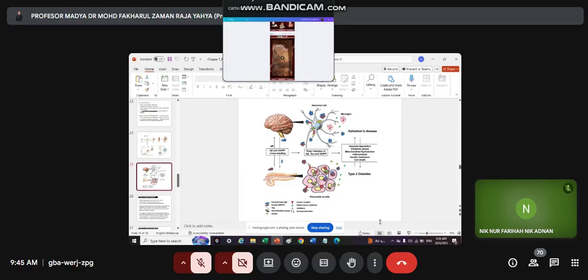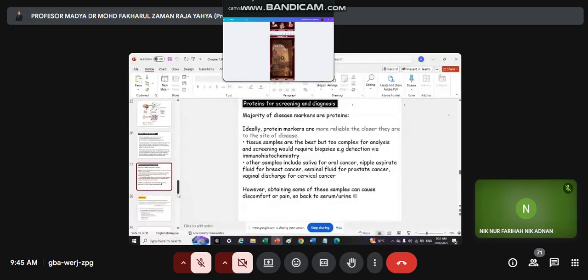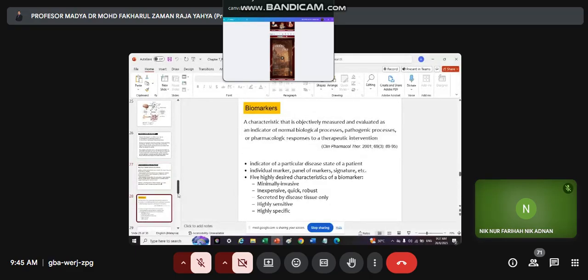Okay, we finish discussion on different diseases due to the problems like mutation and also abnormal protein structure. Okay, now we move to biomarkers discussion.